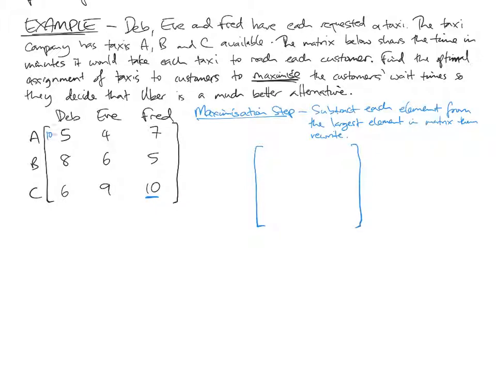We're going 10 minus 5, 10 minus 4, 10 minus 7, 10 minus 8, 10 minus 6, etc. And 10 minus 10. So I'm rewriting this matrix, doing the maximization step. 10 minus 5 is 5, 10 minus 4 is 6, and etc. 10 minus 6, 4, 5, 4, 1, 0.